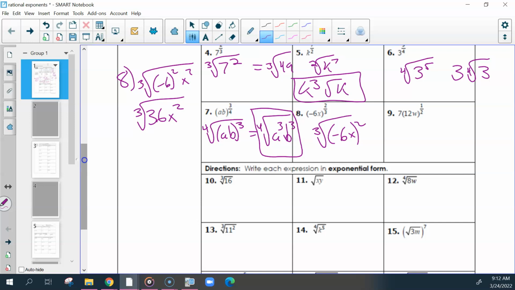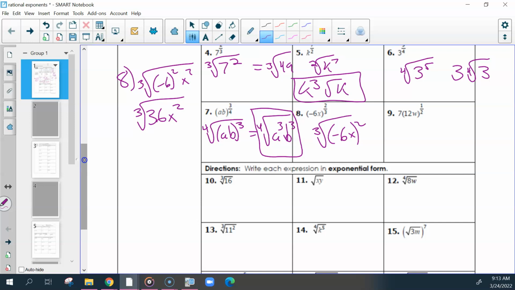36 is the highest perfect cube, and that wouldn't go into cube 36. 6 squared. Wait. Wouldn't it be 9 and 4? 9 and 4 work, but then you get 3 and 3 and 2 and 2.